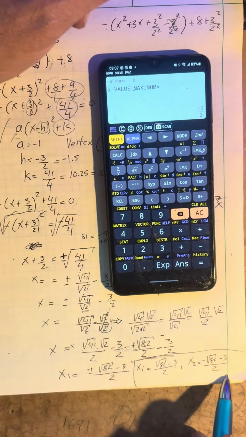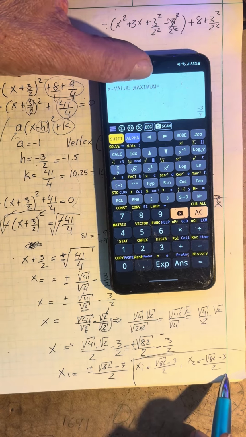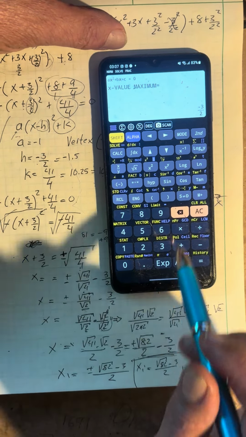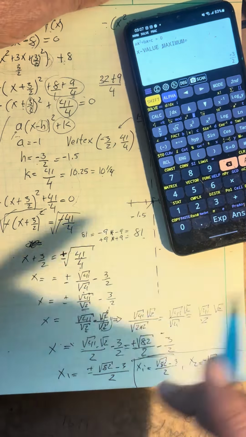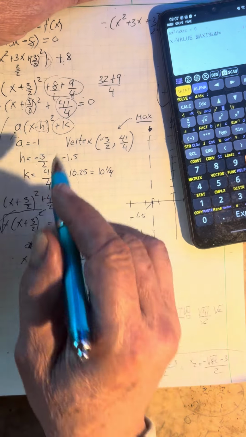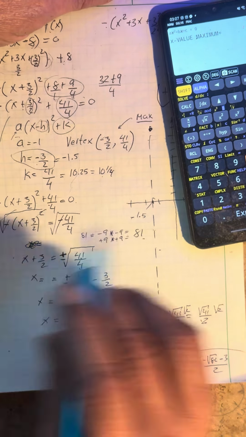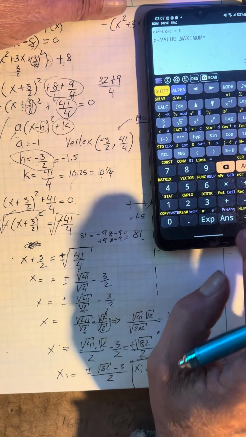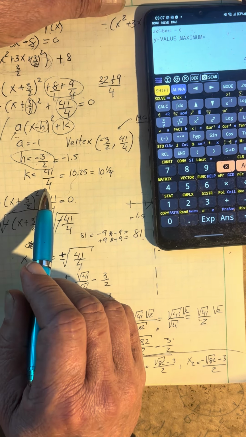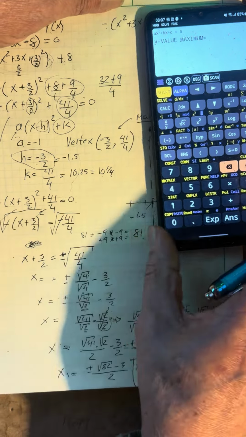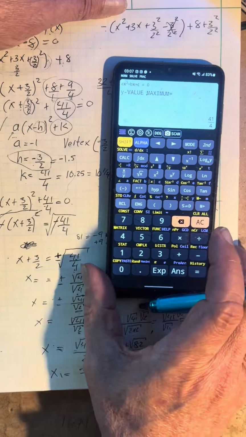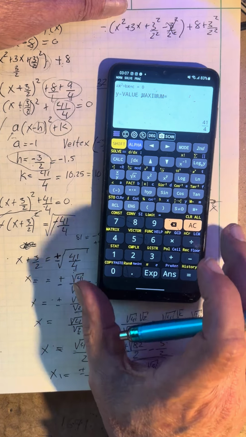And then the maximum, see the x value of the maxima is minus 3, which is here. Where is it? Here, h. And the other guy, k, is 41 over 4, which is 10. So I'm not going to calculate that.